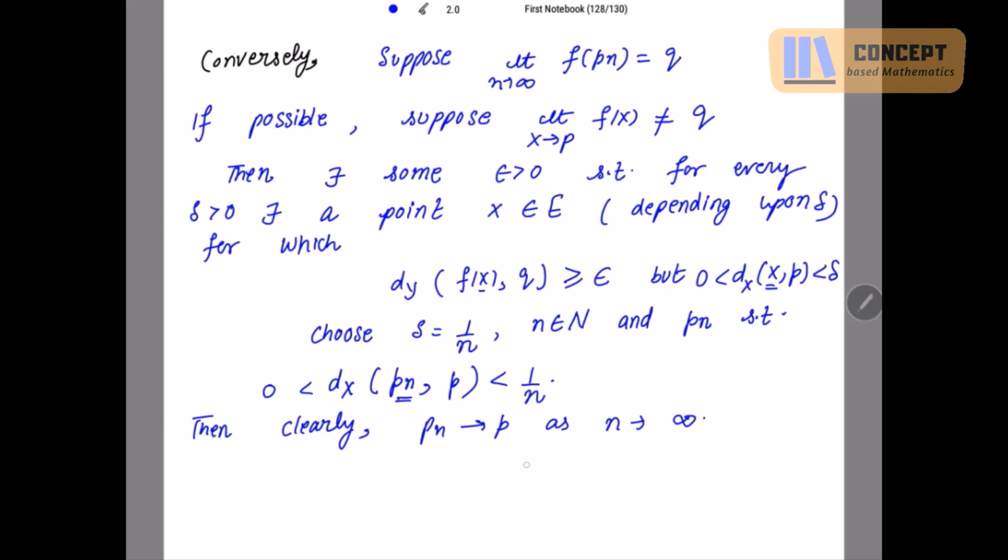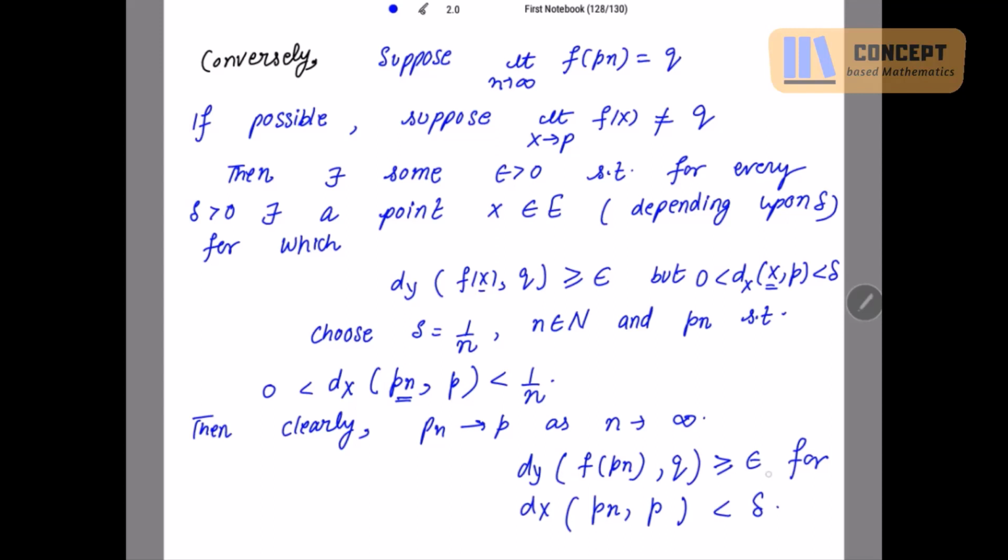Distance in y will be f of Pn, x replaced with Pn, comma q, is greater than or equal to epsilon, for which distance in x, Pn p, is less than delta.